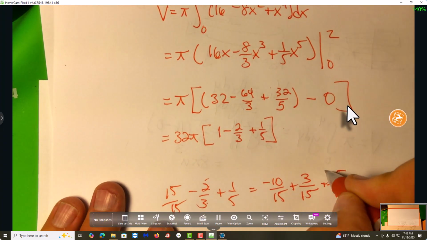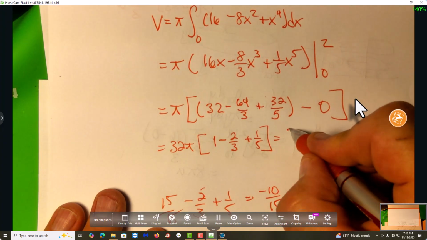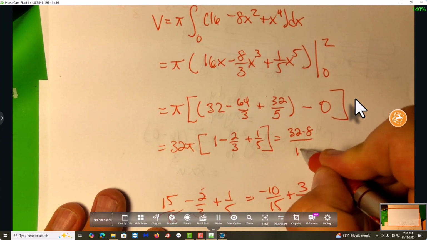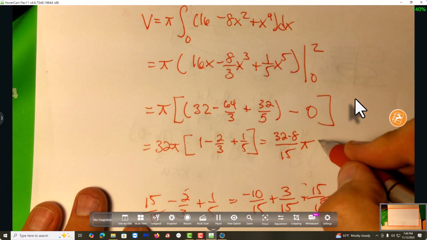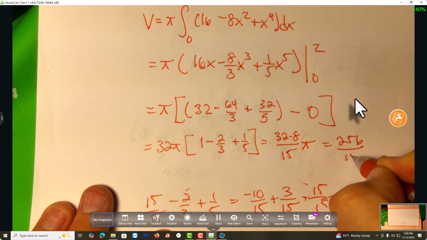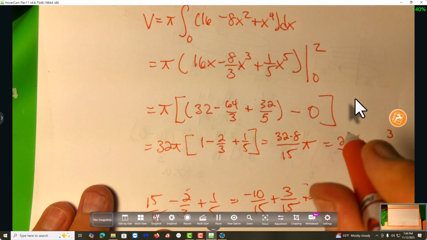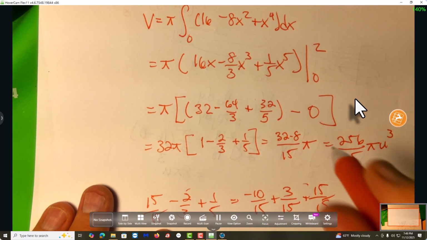So 15 minus 10 is 5, 5 plus 3 is 8. So this is 32 times 8/15 pi. 32 times 8 is 256. Don't forget the 15 pi cubic units, and we just verified what Maple told us it was going to be.